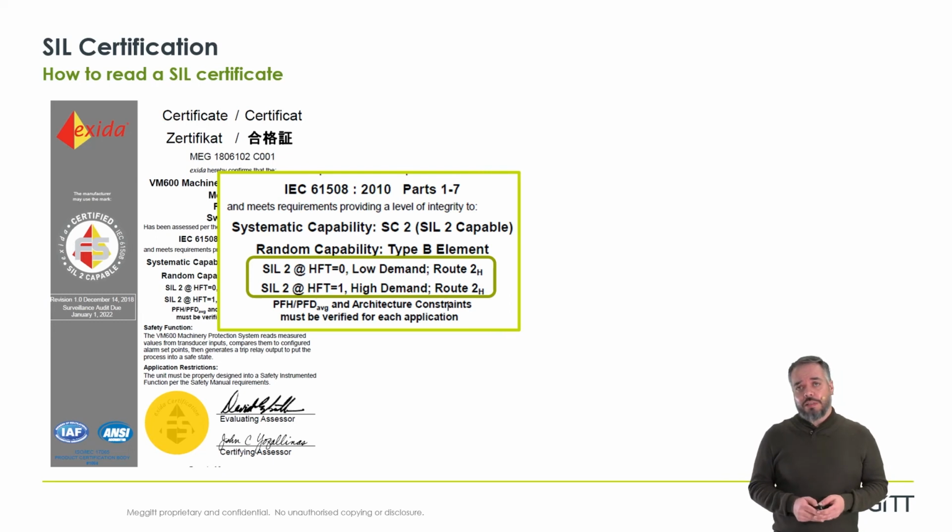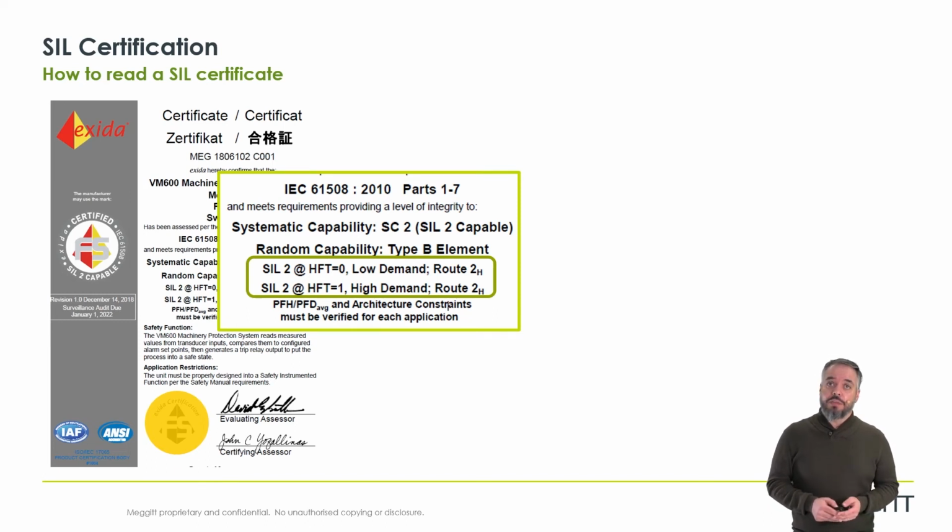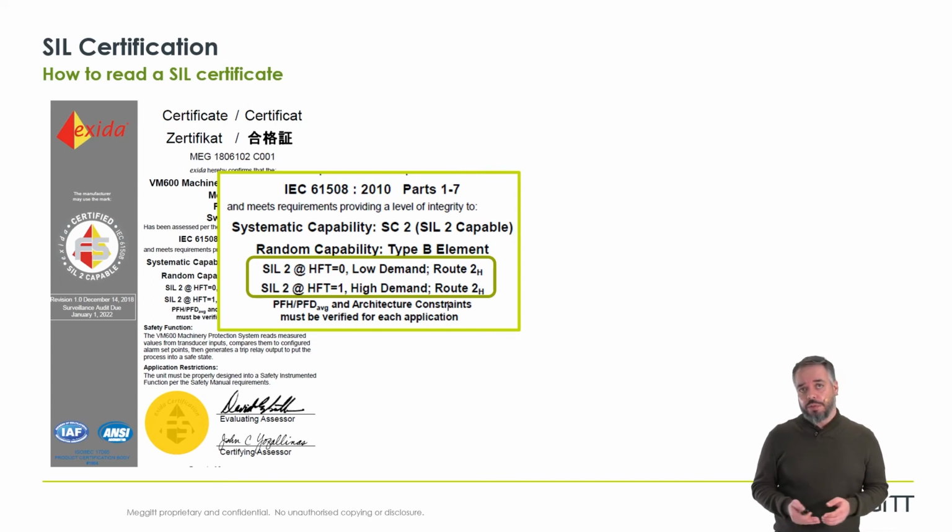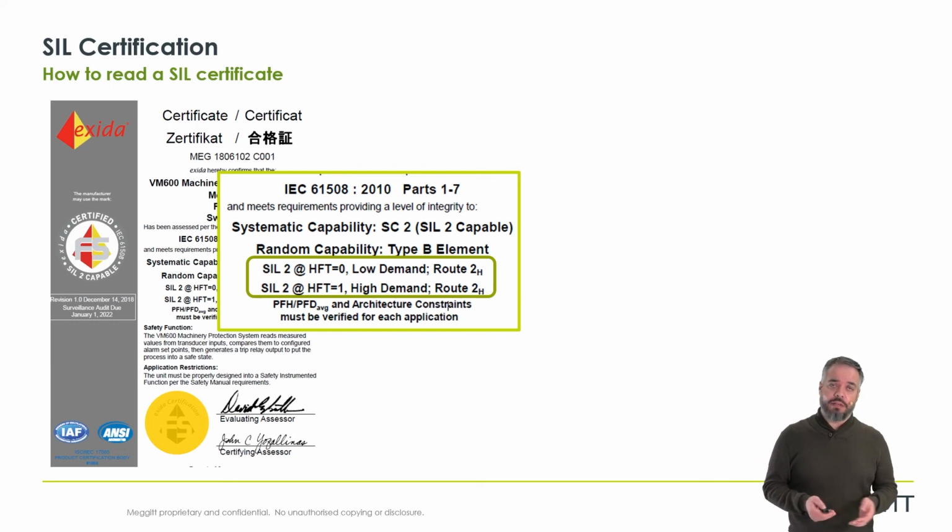In the previous example, HFT1 would allow us to increase the SIL level. In this case, it will allow us to do something different. It will allow us to use the device in low or high demand modes, depending on the HFT or number of elements in parallel that I have.